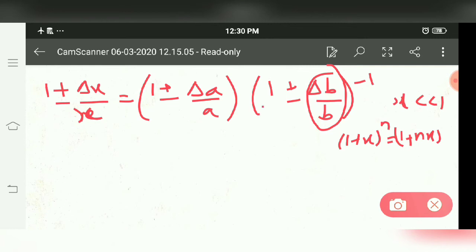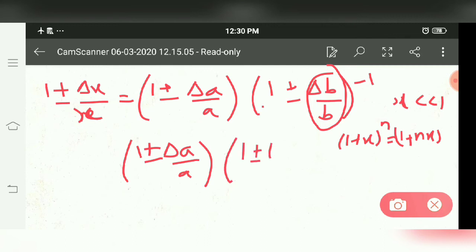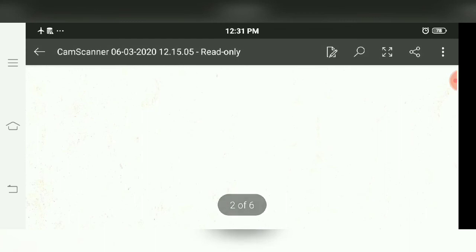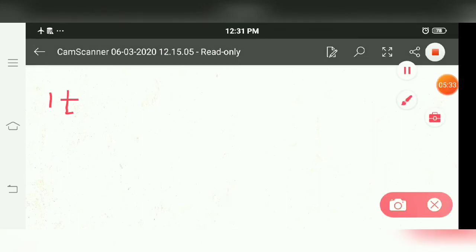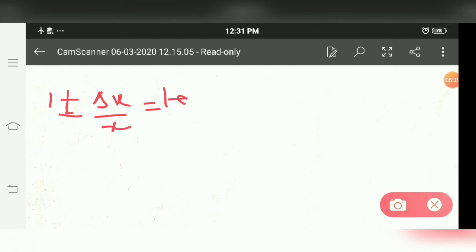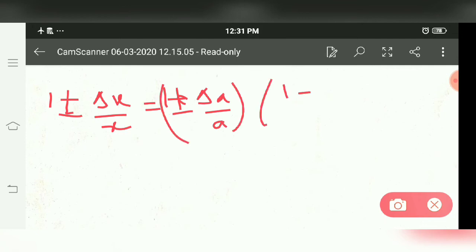So we get (1 plus minus delta a upon a)(1 minus sign in front, plus minus minus 1, delta b upon b), and here we get the same term. Plus minus sign gets reversed, we get 1 plus minus delta x upon x, (1 plus minus delta a upon a)(1 minus plus delta b upon b). There is no difference between plus minus and minus plus, since we are taking both sides, so we can also write it again as plus minus.